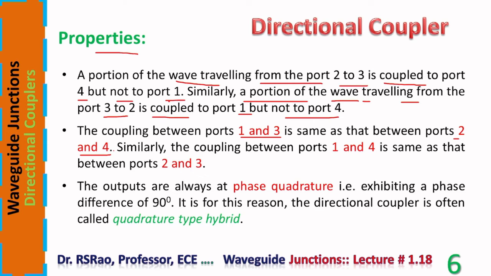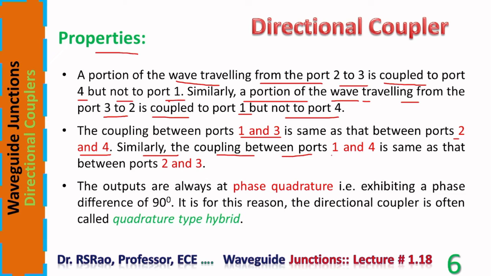The amount of sampling is the same. It implies the amount the forward wave is sampled is equal to the amount the reverse wave gets sampled. If 1/10 of the forward wave is separated, diverted, the same 1/10 of the reverse wave also gets separated or diverted.